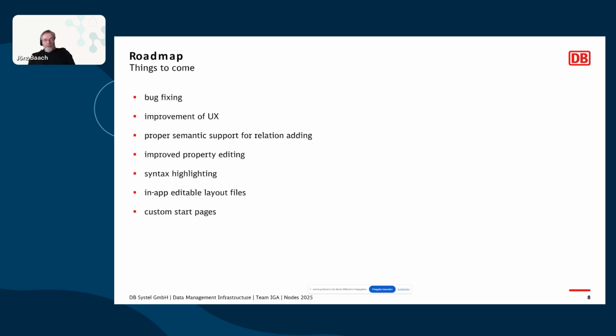We want to improve the property adding, have syntax highlighting for the Cypher files. We want to edit our styling files within the browser. And we want to have custom start pages if you have your own wishes or your own landing page within the system.